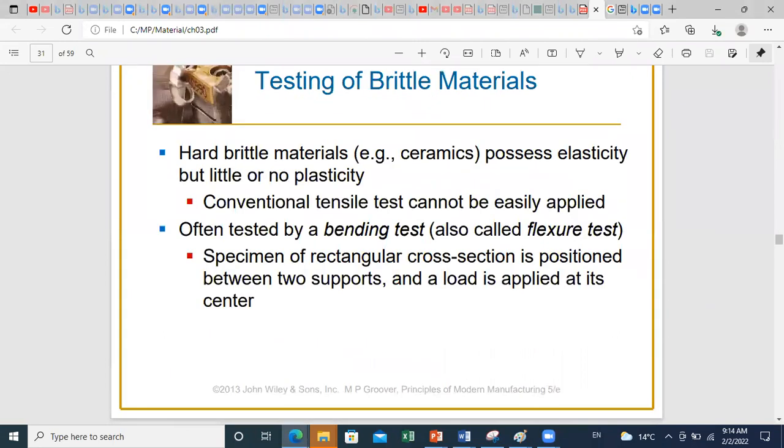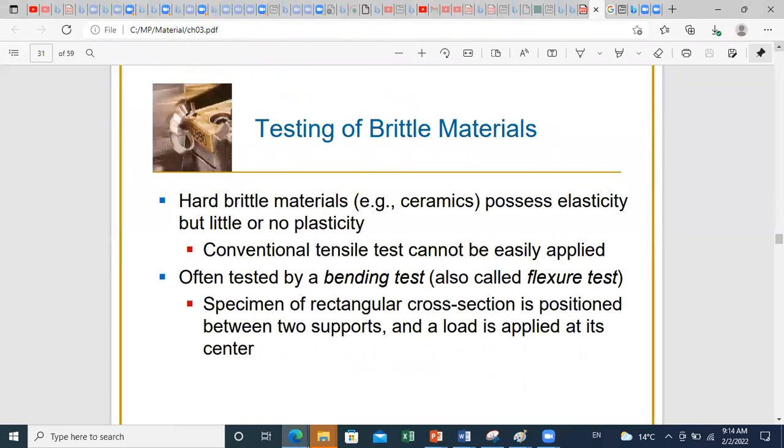Now, of course, this is not the case for brittle materials, because we already know that brittle materials will not go even to the plastic region. In tensile tests they will undergo failure before reaching the plastic zone, while brittle materials can sustain compression.